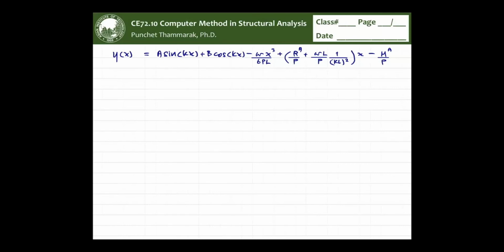Okay, so let's figure out. We enforce the boundary condition.